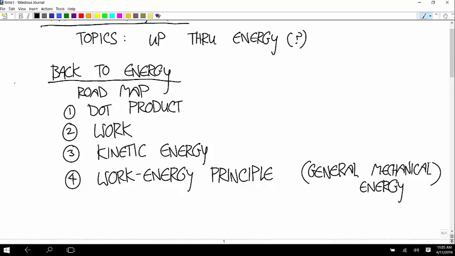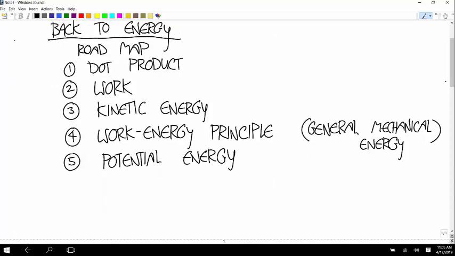And then I'll define potential energy and I'll talk about conservation of mechanical energy, which is more specific; there are restrictions on when you can use conservation of mechanical energy.